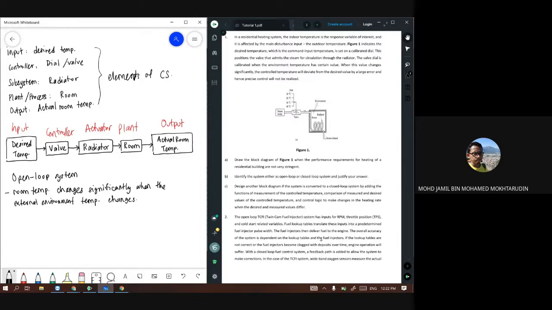Okay, so this sentence indicates that the system is easily affected by external disturbance.